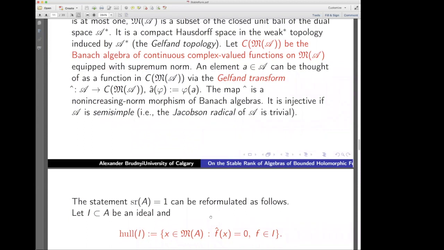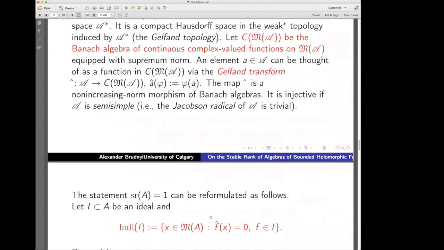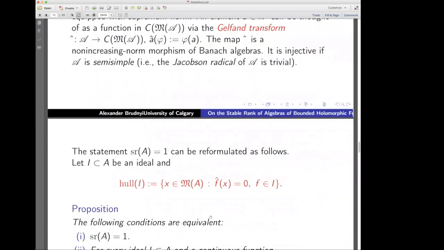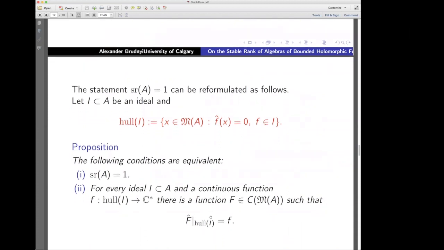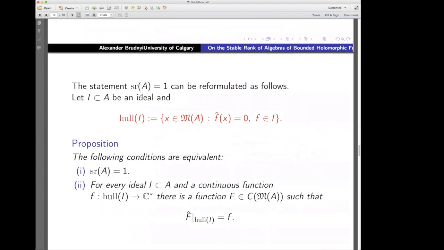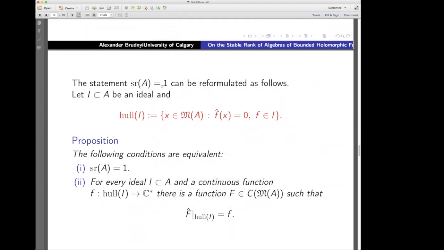Now, just to give some details, some general results about stable ranks of Banach algebras, described in the papers of Corach, Suárez and others. The statement that the stable rank of A equals 1 can be reformulated as follows.